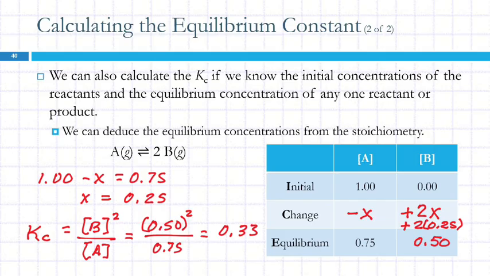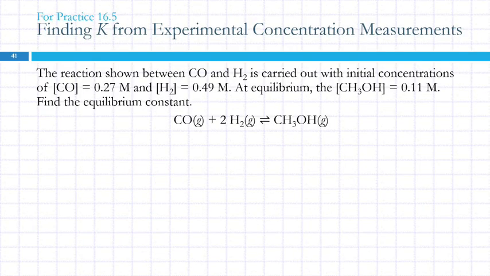So here we did it with A's and B's. Let's do it with actual chemicals. So here we have a reaction between carbon monoxide and hydrogen, and it's making methanol. And it says it's carried out with initial concentration.